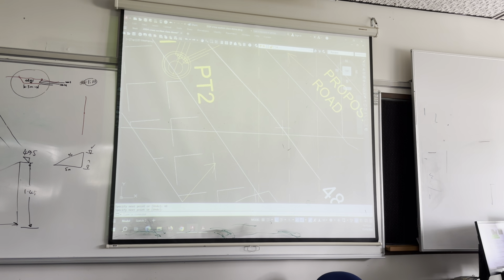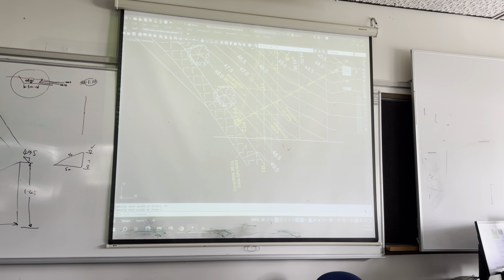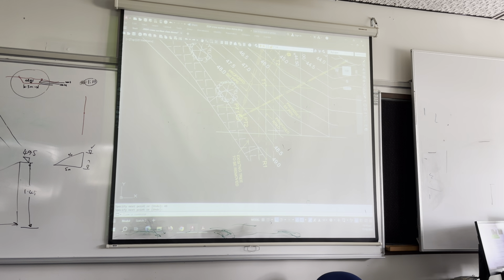And I'll draw that one up from there at 49. And we don't really have a level here, so we have to assume that that carries on at that slope. So there we are, that one, that's 48.5. And we don't really have a level there. Okay, so that's the best we can do.